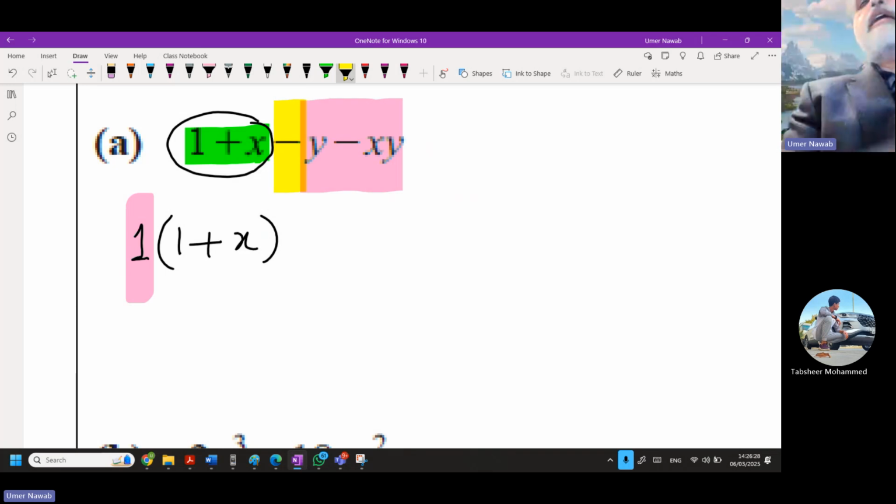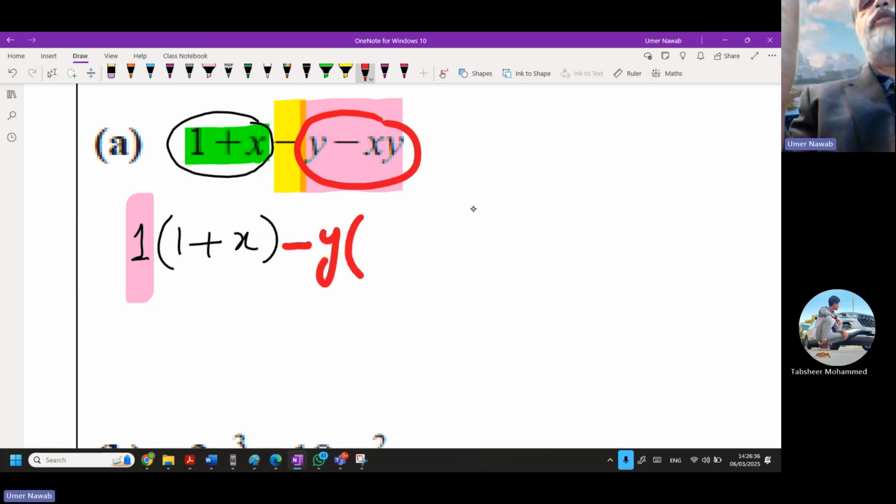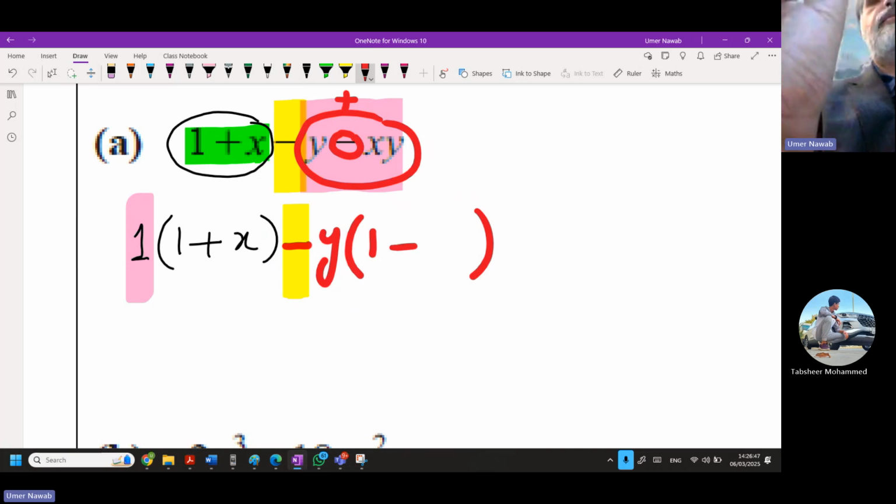Now, what is the sign here? Negative sign. I'm going to copy the negative sign and check what is common in these two terms. The common thing is y. And you remember whenever someone takes minus common, this minus sign changes to the plus sign. So I'm going to write here 1, and 1 plus x is left over here because y is already gone out.